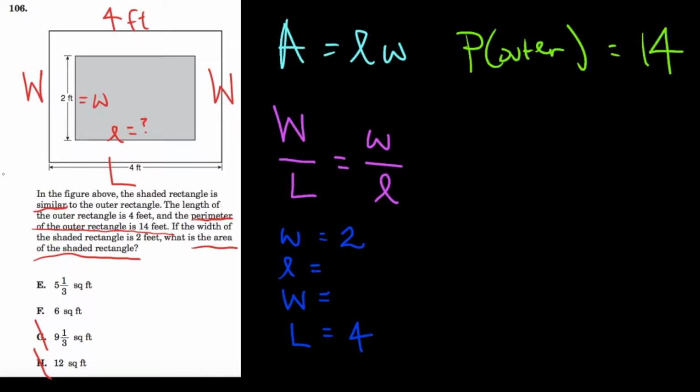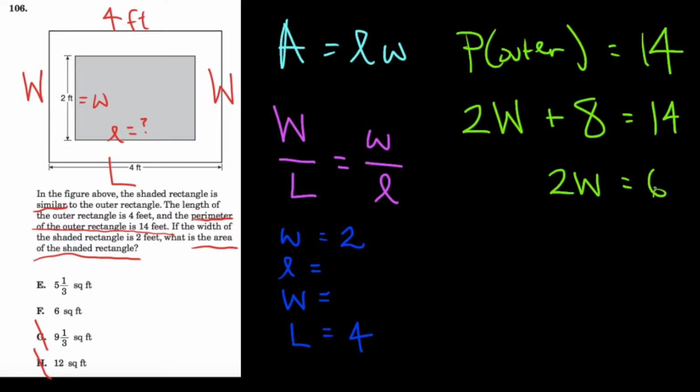So these 2 with length big W would be 2 big W, and the 2 that are 4 feet long apiece would make up 8 feet altogether. So 2 times big W plus 8 equals 14. Subtracting 8 from both sides gives us 2 big W equals 6, and dividing by 2 gives us big W equals 3. So I'll fill that in.